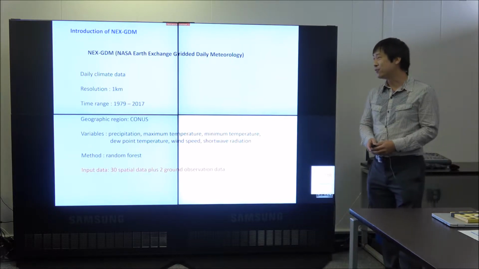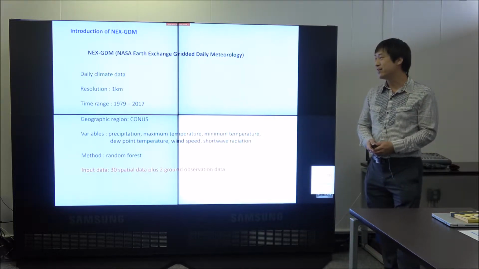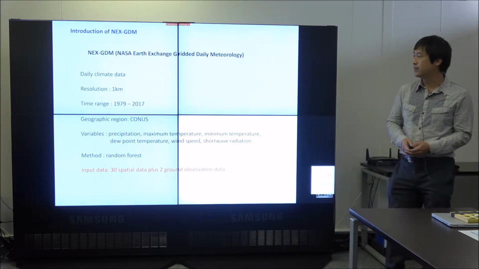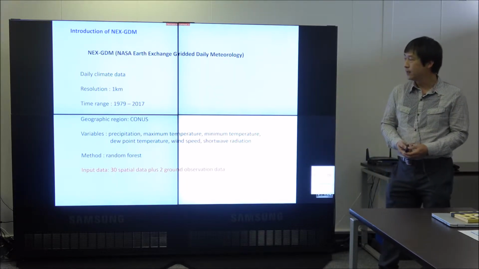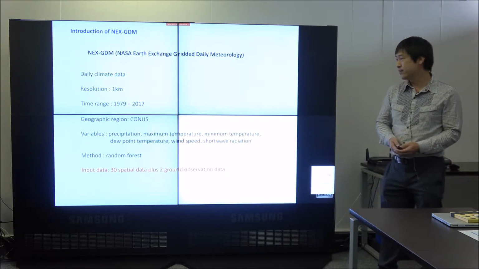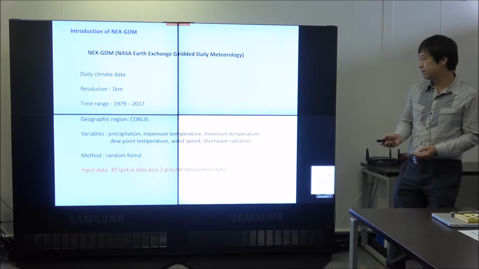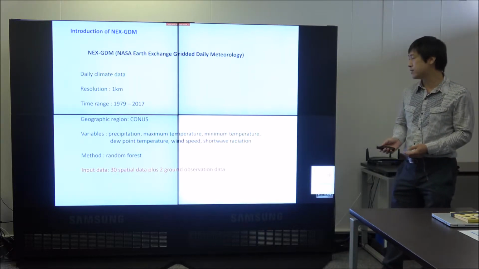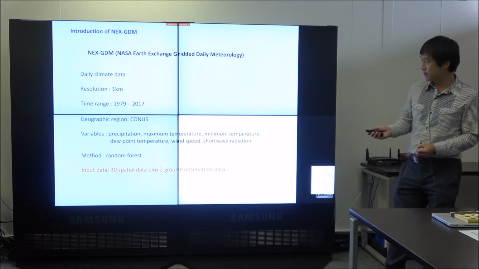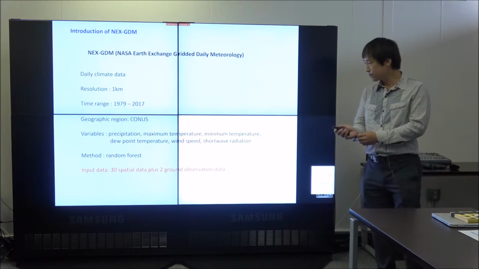The data is daily climate data, the resolution is 1 kilometer, and the time range is from 1979 to 2017 for now. The geographical region is CONUS. The variables are precipitation, maximum temperature, minimum temperature, dew point temperature, wind speed, and shortwave radiation. These variables are useful for ecosystem modeling.